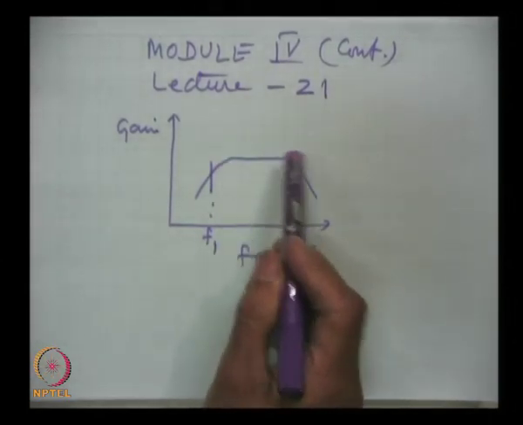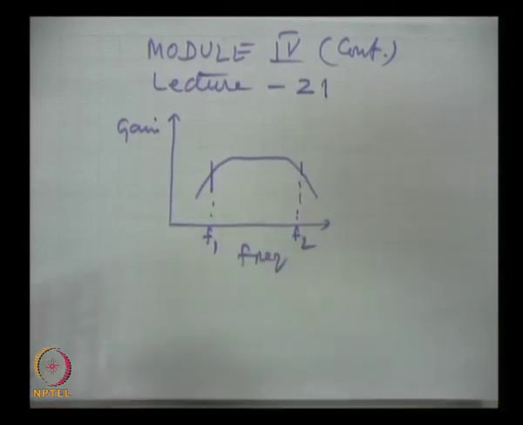So, why does the gain fall at higher frequencies? As said in the beginning, this fall occurs because of the contributions of junction capacitances.